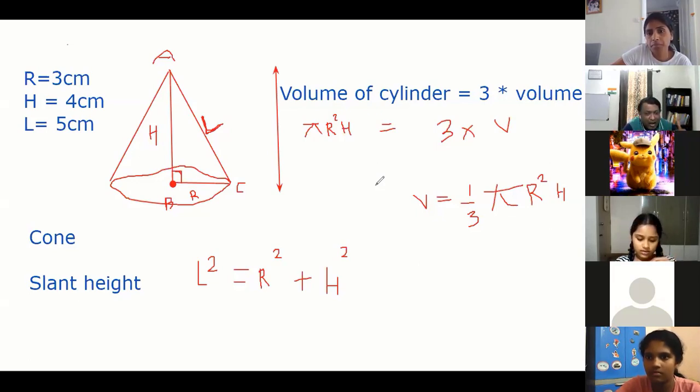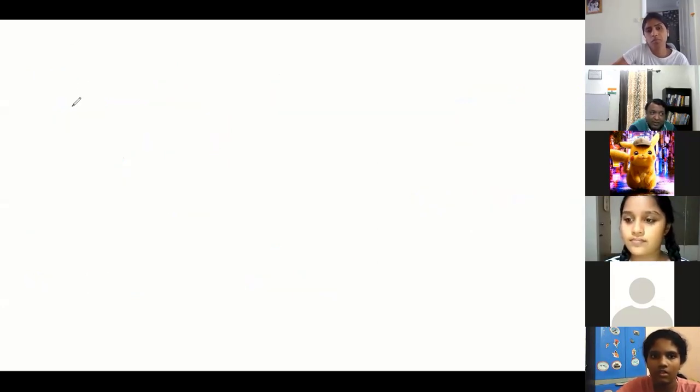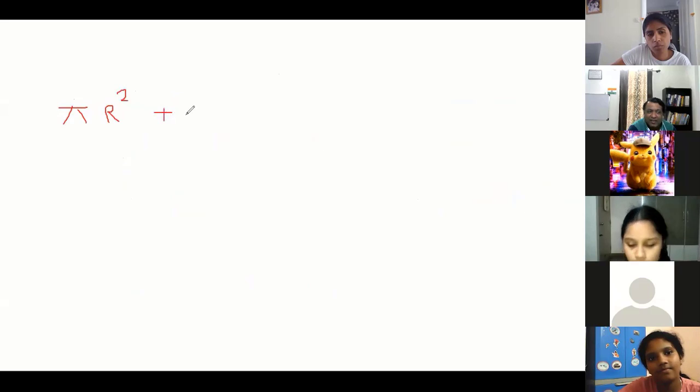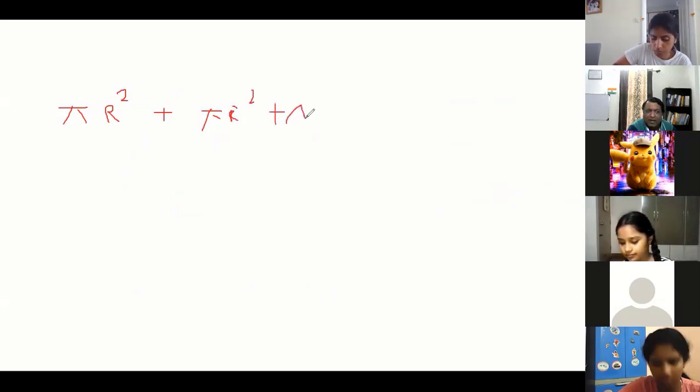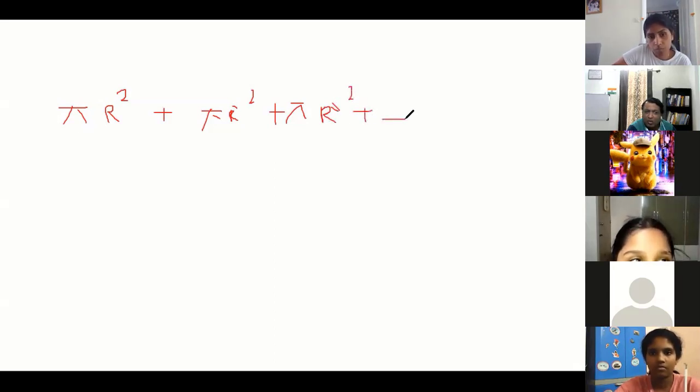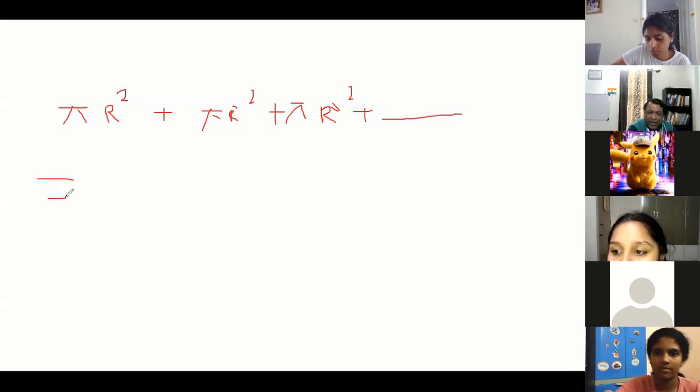So when you add pi r square plus, let me write here. Guys, this is again a practical concept. It's an infinite series, which I don't want to explain here. You learn it in class 12th. Pi r square plus pi r dash square, where r dash is smaller than r, plus pi r double dash square. So the radius is reducing now, right? r double dash, whatever, r1, r2, till it goes to 0, infinity.